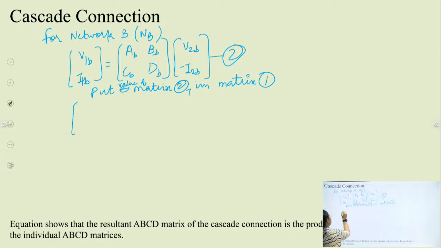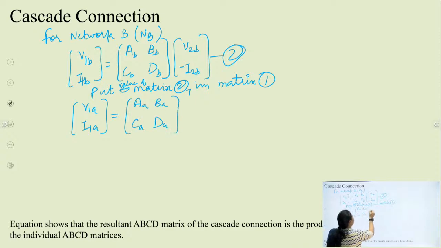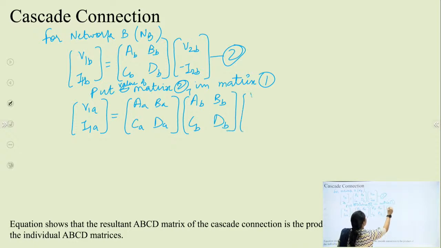So here I am getting, फिर हमें क्या मिलेगा, V1A, I1A will be equal to AA, BA, CA, DA into, वहाँ पे V1B and I1B था हमारे पास, यहाँ पर उसकी जगह I am putting the value of this AB, BB, CB and DB, V2B, और ये हमारे पास क्या हो गया, minus I2B. ठीक है, नाउ दिस इज मेरी हमारी मेन फाइनल मैट्रिक्स आई है.